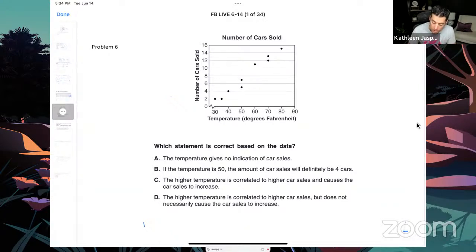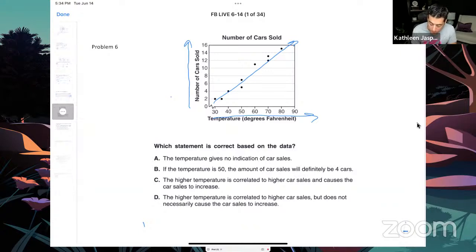Well, if we look, we have a trend line here. And this trend line shows that as the temperature increases, right, we're going this way and it's getting hotter, then the number of cars sold also increases.